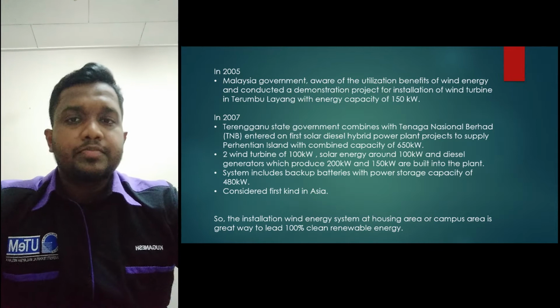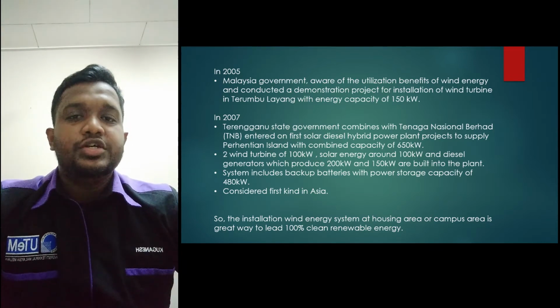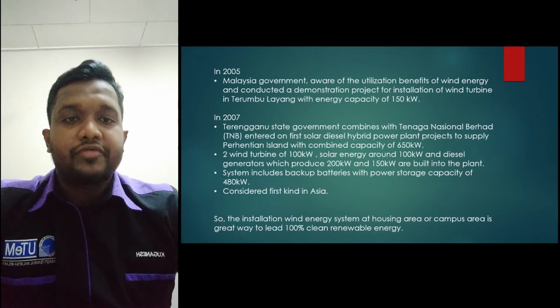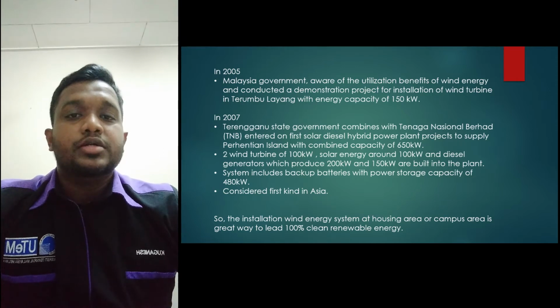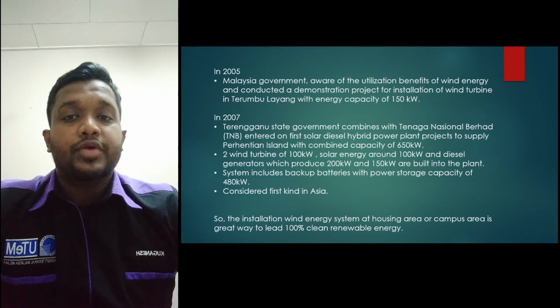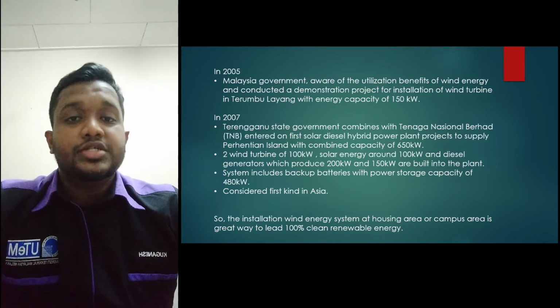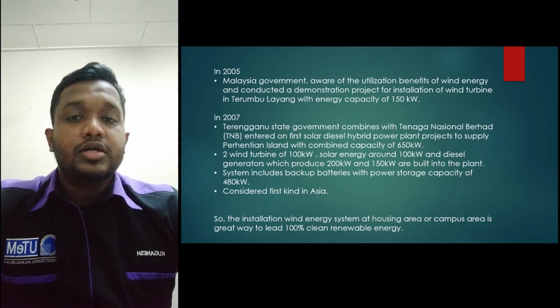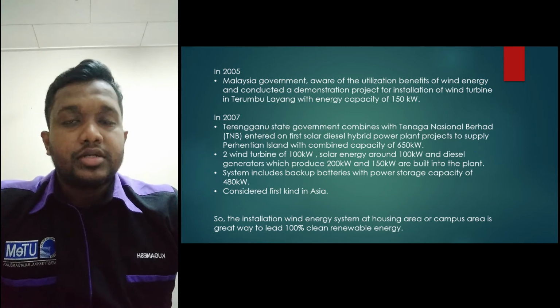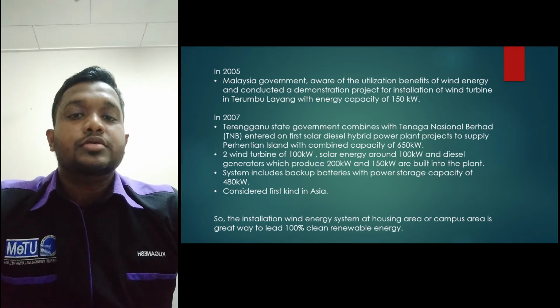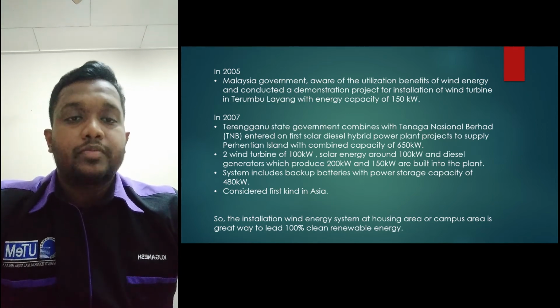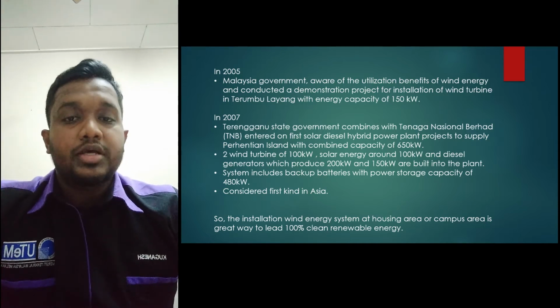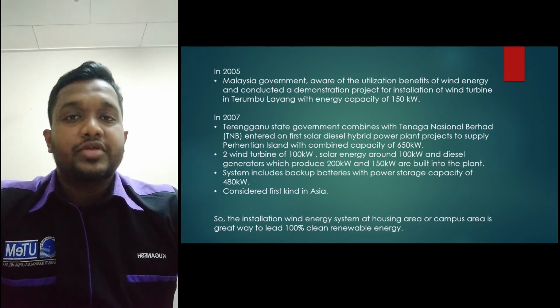As an example, in 2005 the Malaysian government, aware of the benefits of wind energy, conducted a demonstration project for installation of a wind turbine in Terumbu Layang with an energy capacity of 150 kilowatts. In 2007, the Terengganu state government together with Tenaga Nasional Berhad entered into the first solar diesel hybrid power plant project to supply the Perhentian Islands with a combined capacity of 650 kilowatts.